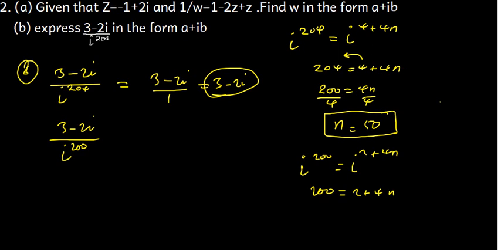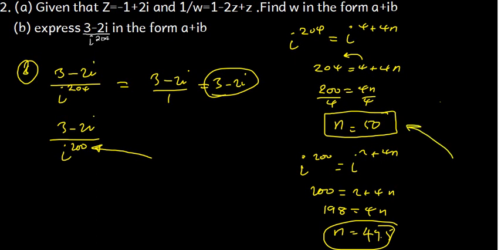If we take the 2 the other side, that gives us 198 being equal to 4n. To remain with n, we divide 198 by 4, and that will give us 49.5. And that won't work. So we see that, again, even 200 will be written in this same form, which is i to the power 4 plus 4n. That means even i to the power 200 will be equal to 1.